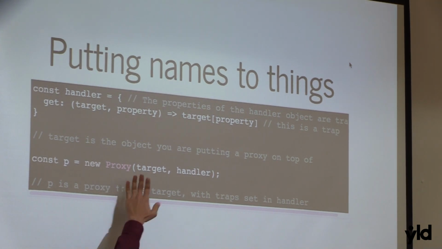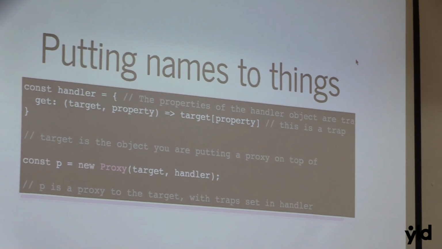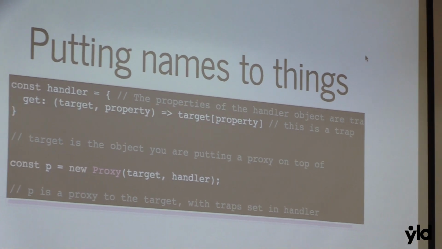You set a target, which should be the object that you're proxying, and then a handler. A handler is an object whose properties are traps. Traps are interceptors of operations that you can do to this object. For instance, you saw in the example a while ago that I set the traps of set and get.